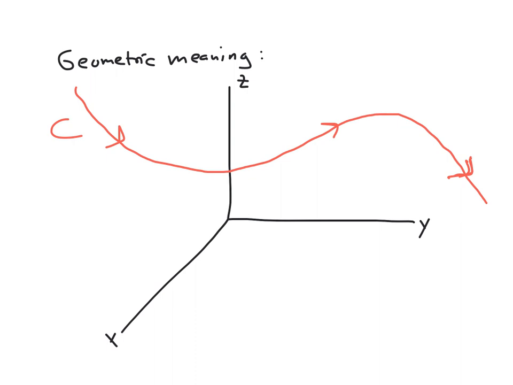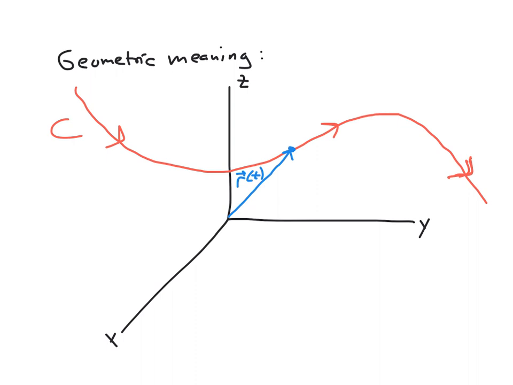For a particular value of t, when I substitute t into my vector function r, I'm going to get a point on this curve. Let's say when I pick my value of t, it gives me this point right here. This vector, as I've drawn it, this blue vector here, is the vector r of t.